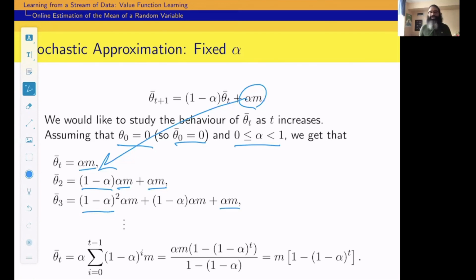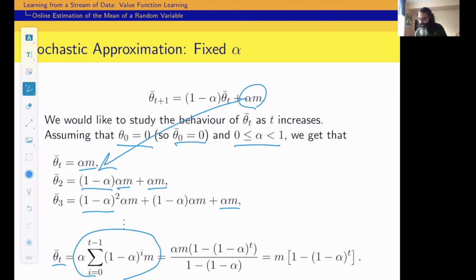If we write this down in a nicer way, at time t, theta bar of t would be alpha times the summation over i equal to 0 to t minus 1 of (1 minus alpha) to the power of i, times m, the whole thing.